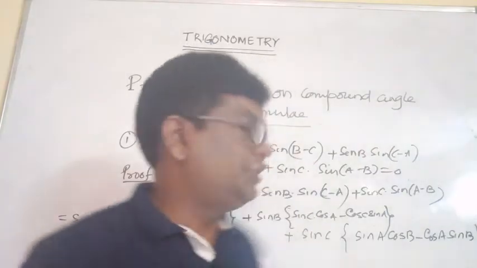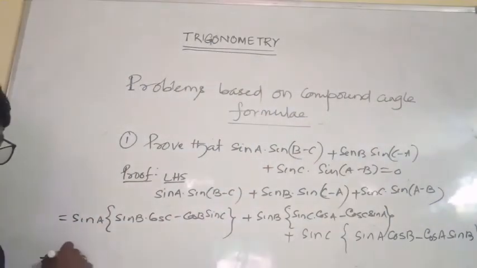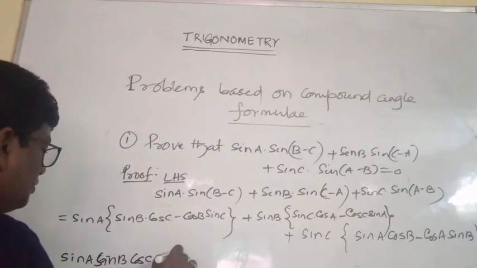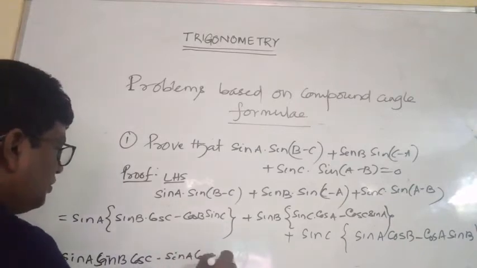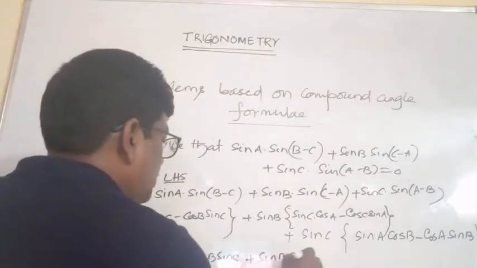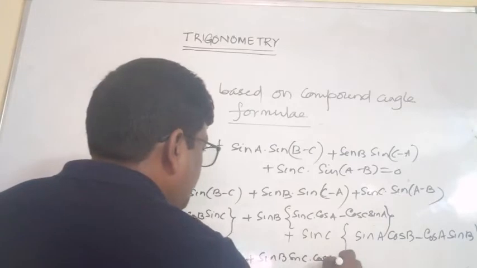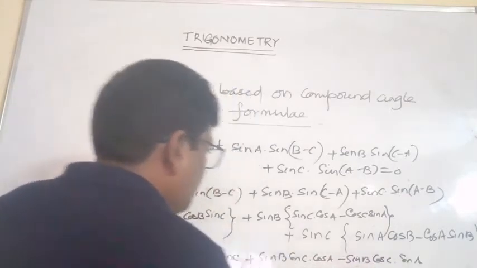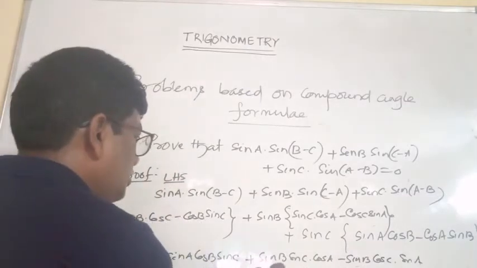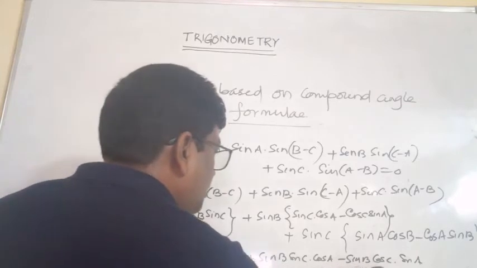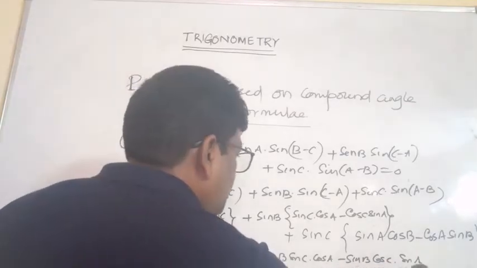Multiply the terms: sin A sin B cos C, minus sin A cos B sin C, then sin B sin C cos A, minus sin B cos C sin A, plus sin C sin A cos B, minus sin C cos A sin B.